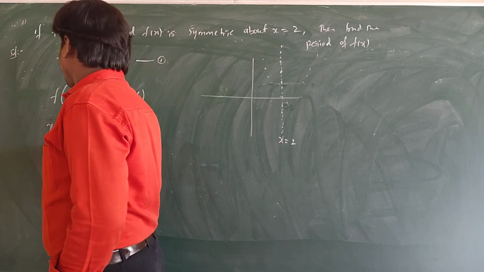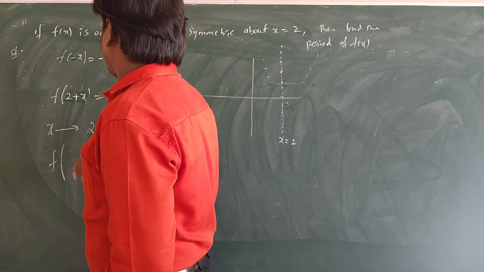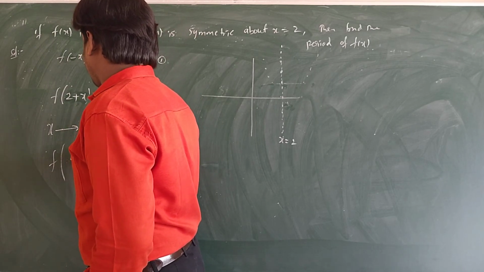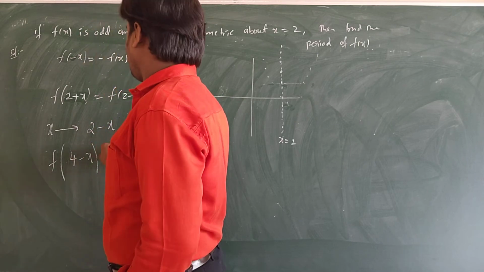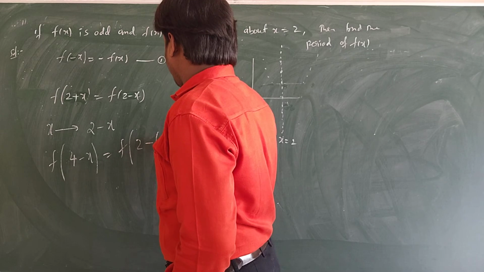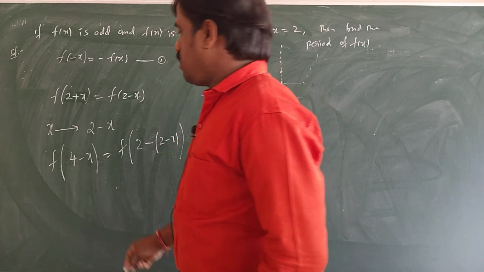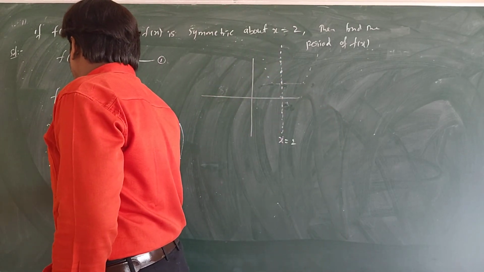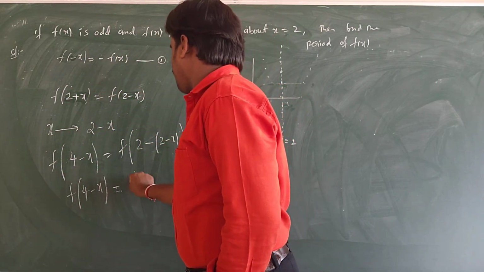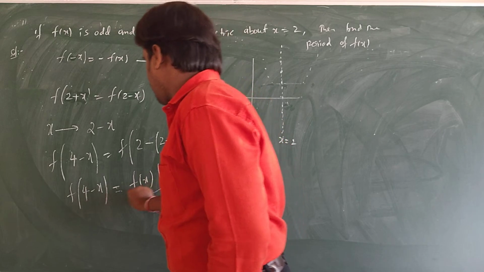So what I get here is f of 2 plus 2 minus x, that is f of 4 minus x, is equal to f of 2 minus (2 minus x). So f of 4 minus x is equal to f of x. Okay, f of x you got.